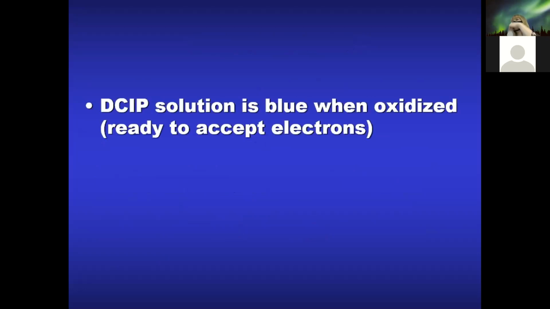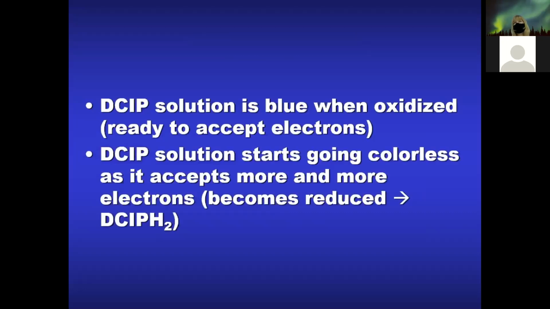You're going to put a certain aliquot of that into your reaction tube along with your chloroplast suspension, but you put so much in that it kind of floods the system. There's so much DCIP that as you start the experiment, it's the DCIP that will get reduced, and you'll see enough of a reduction over time that it's going to start out blue, and then it's going to start going colorless as it accepts more and more electrons.